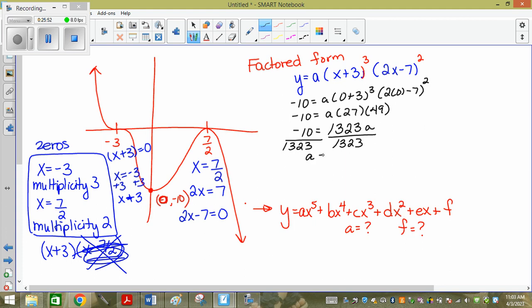This is as low as it goes. So we get y equals negative 10 over 1,323, (x plus 3) cubed.